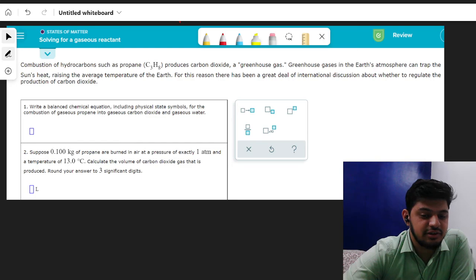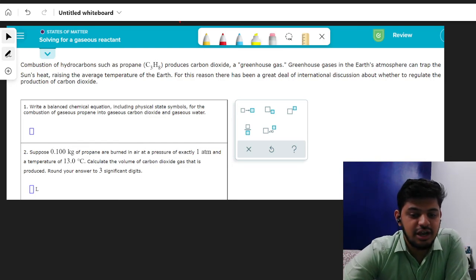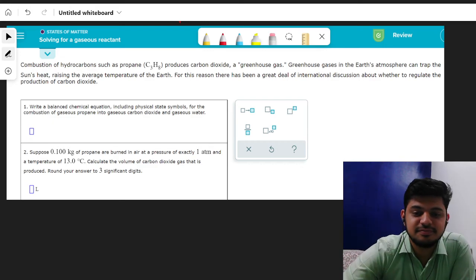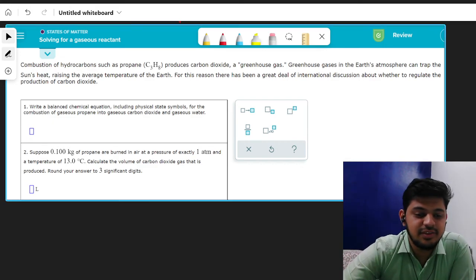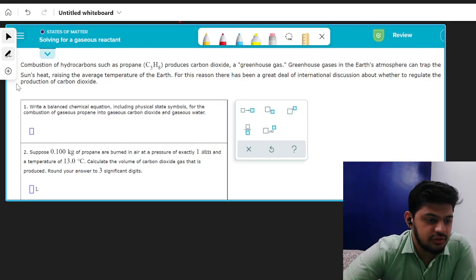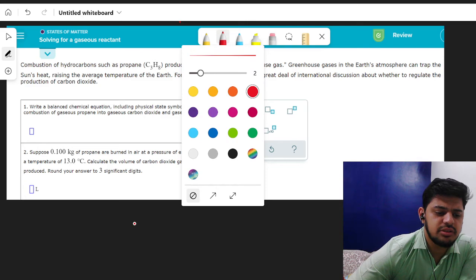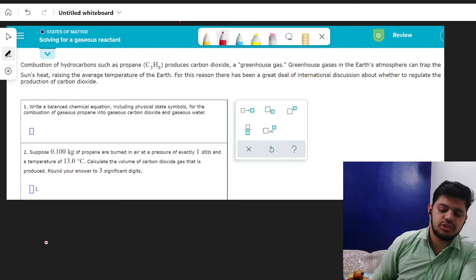Solving for a gaseous reactant. Do you think it is hard? Let's see. First read the question. Combustion of C3H8. You already know that combustion means burning anything with oxygen.